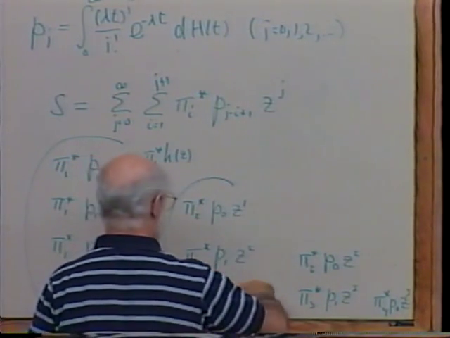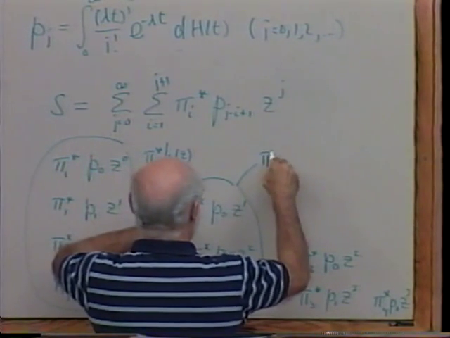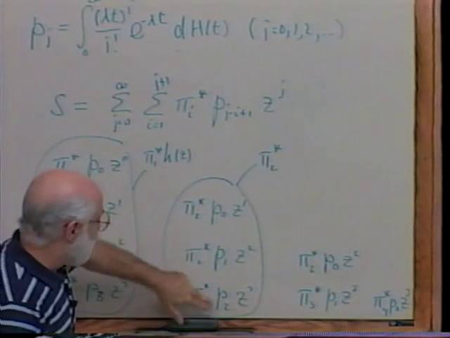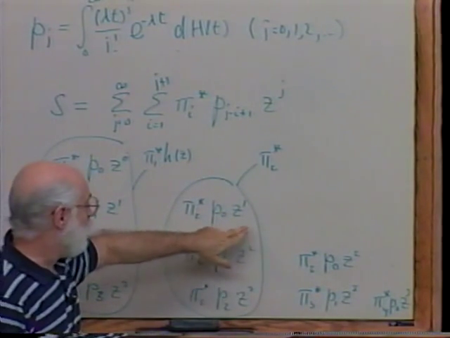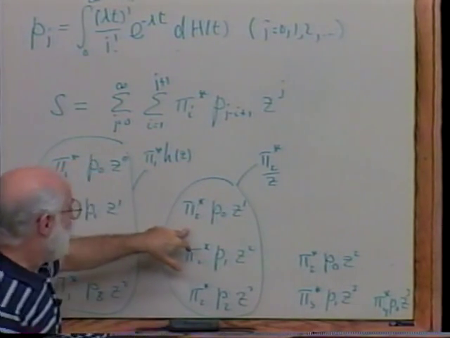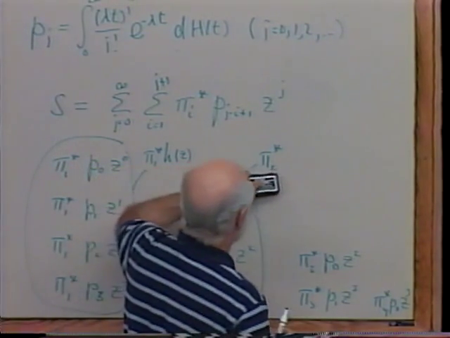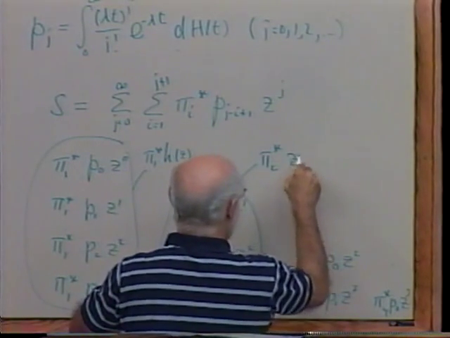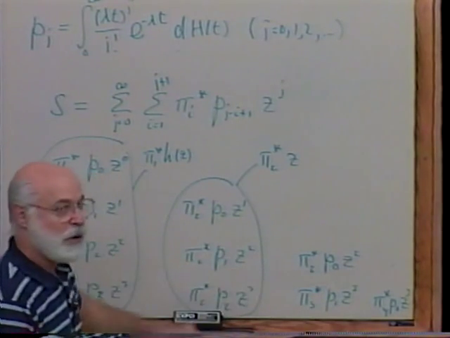Okay, so what do we have here? This one is going to be pi 2 star. Now, this would be the same generating function, except that the power of z is off by 1. So if I multiply it by z, then I'm left with p0 z to the 0, p1 z to the 1, and so forth.